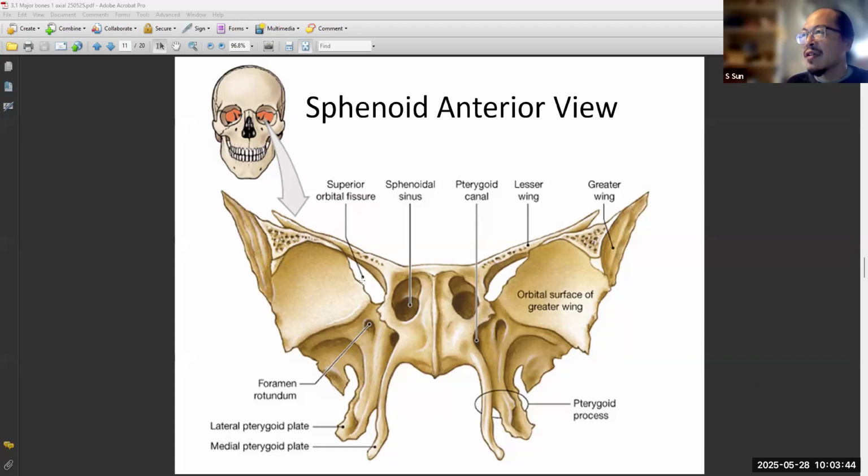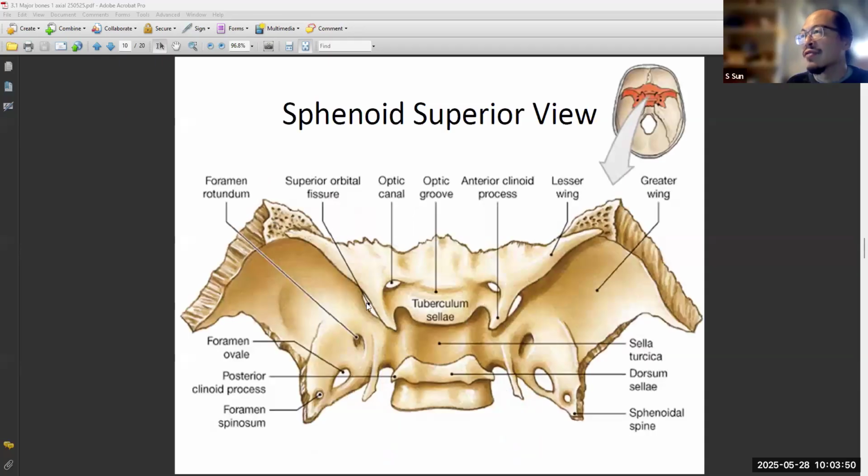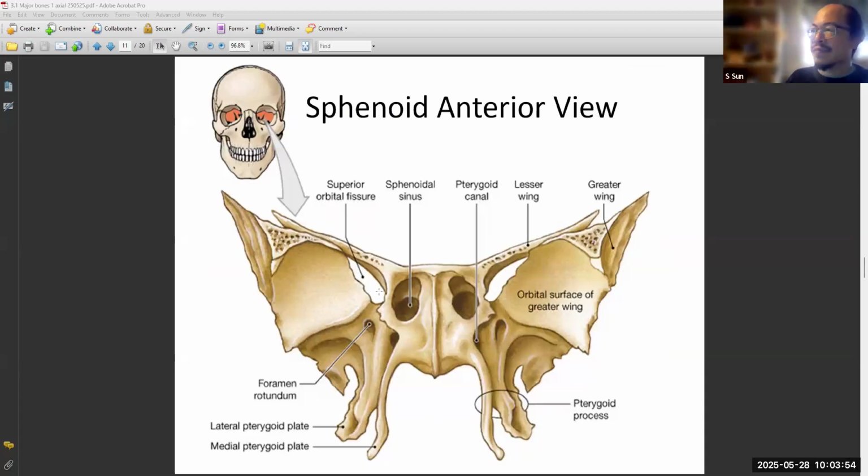This is the superior orbital fissure. We don't see it in this view. Oh, you do see it, right here. And then we have two processes going down: the medial pterygoid plate and the lateral pterygoid plate.